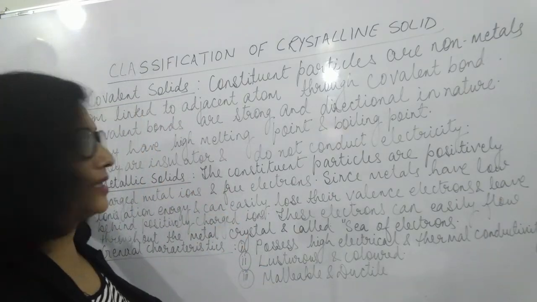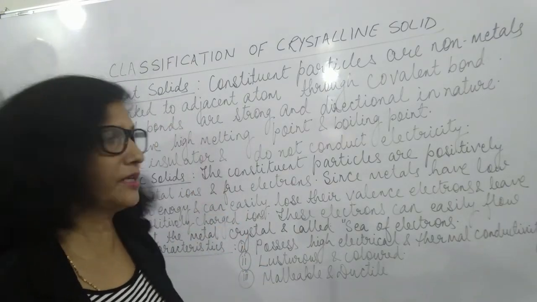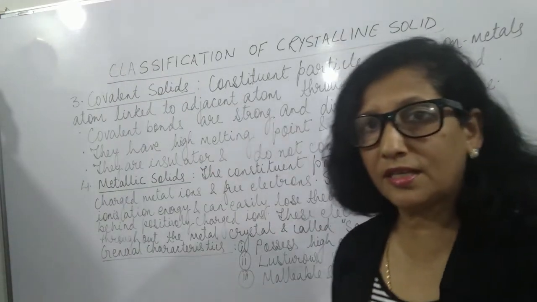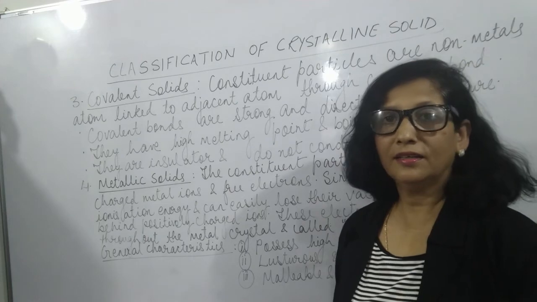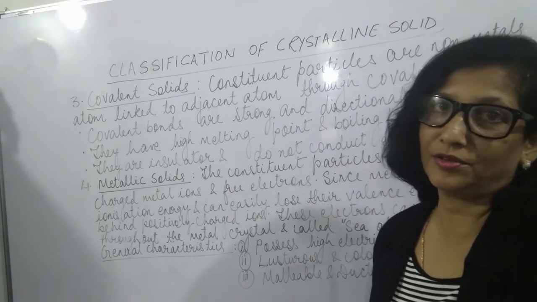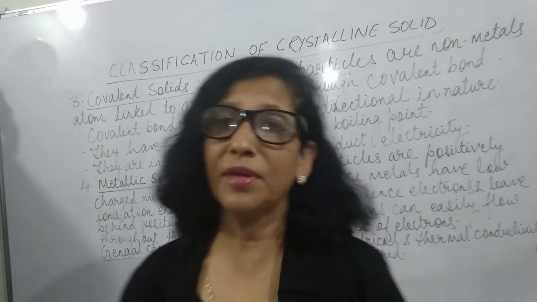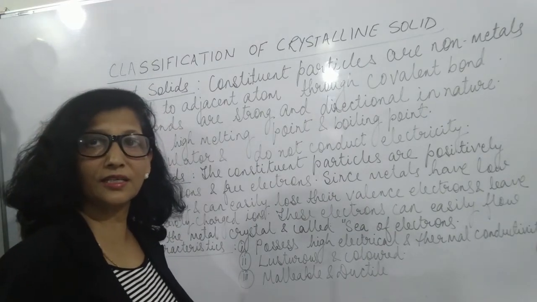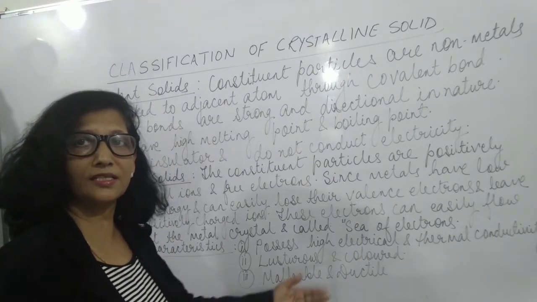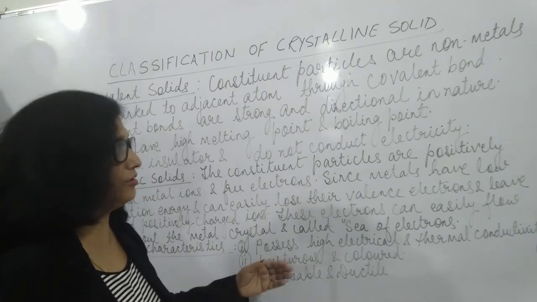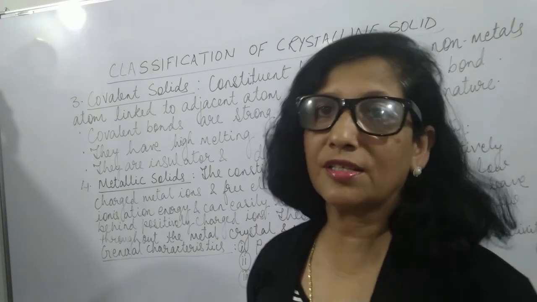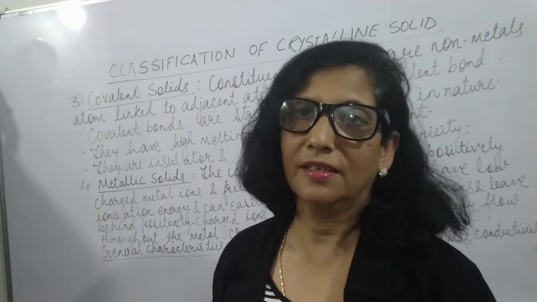Now we can see the metallic solid. In metallic solids, the constituent particles are positively charged metal ions and the free electrons. Since metals have low ionization energy, the valence electrons are easily lost, resulting in the formation of positively charged metal ions.